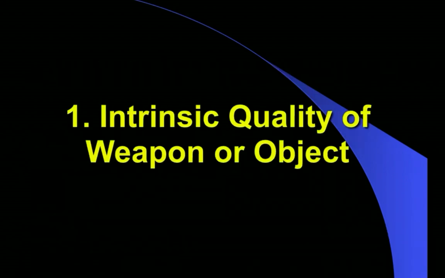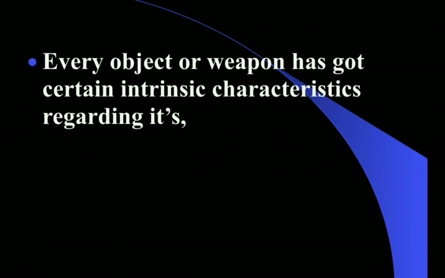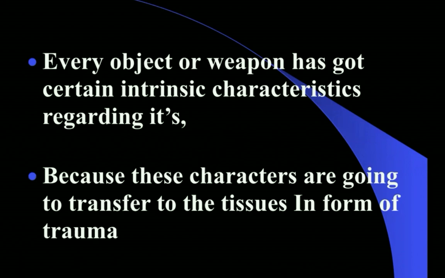So what are the intrinsic qualities of the weapon which make it blunt or sharp? Every object or weapon has certain intrinsic characteristics, because these characters are going to transfer to the tissue in the form of trauma.